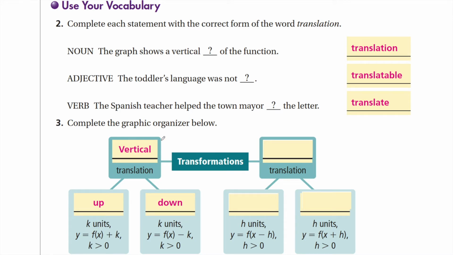One side's vertical, the other side must be horizontal. And this is where things get a little bit backwards, because if we were to subtract, normally we would think going to the left, because if you think about a coordinate plane, all the negative numbers are on the left-hand side of it. But in this case, we're actually going to be going to the right if you're subtracting, because as you can see, f of x minus h is its own formula.